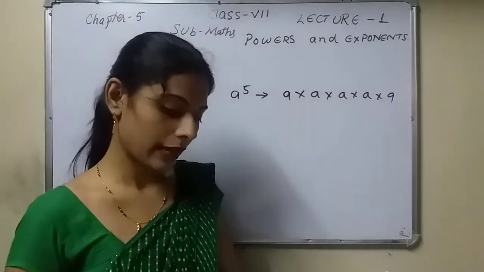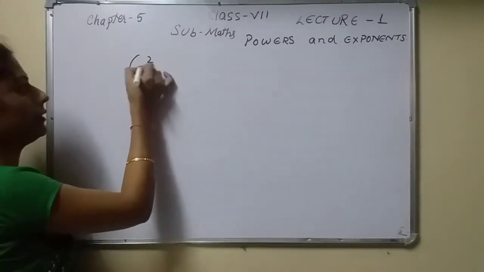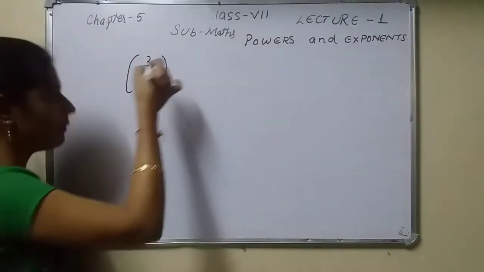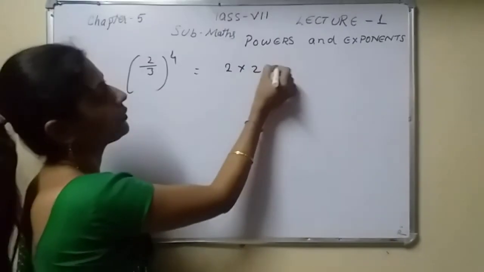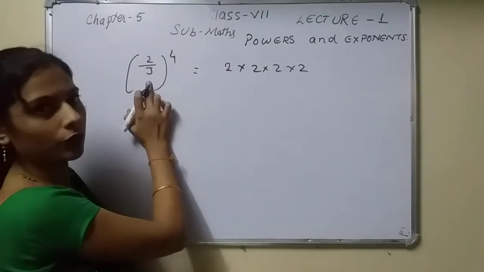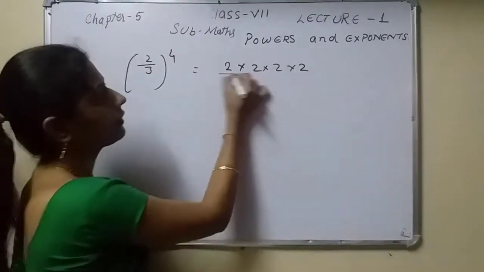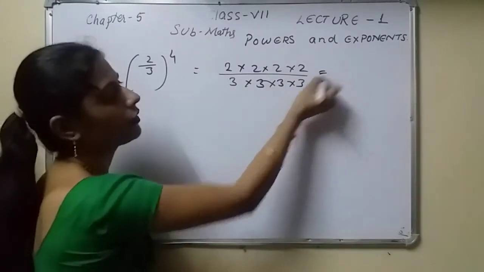See now, example number 1, we will solve directly. See, example 2 is (2 by 3) to the power 4. It means 2 into 2 into 2 into 2, and this power is given on the whole, so 3 also has this power: divided by 3 into 3 into 3 into 3. What is the answer you got here?